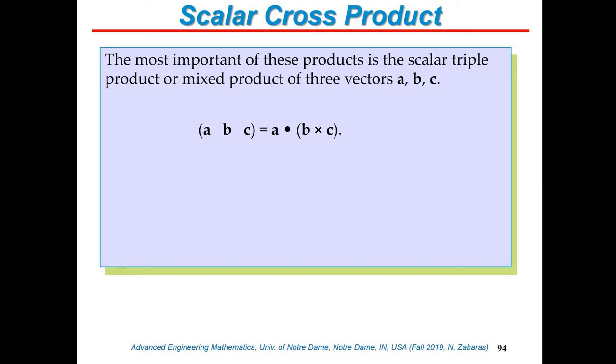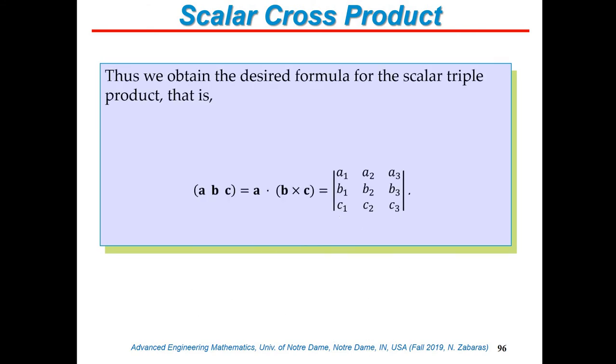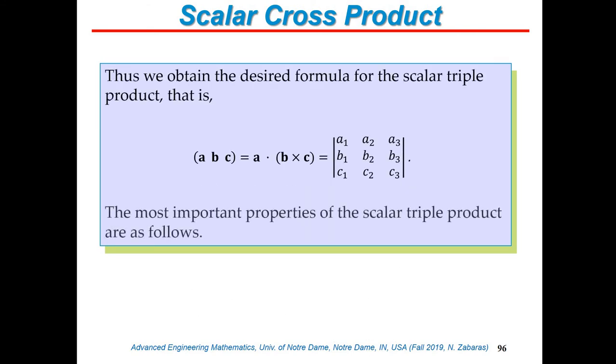If you assume the three vectors A, B, C to be the rows of a matrix, you can show, and I can go directly to slide 96, that A dot with B cross C is the determinant of this nice matrix that you see in this equation.